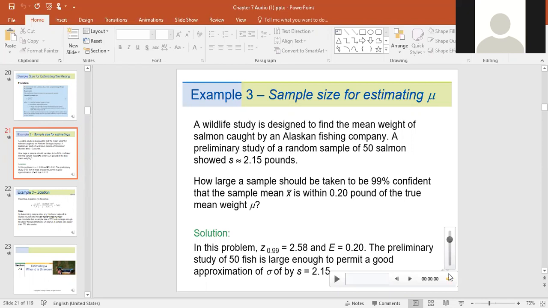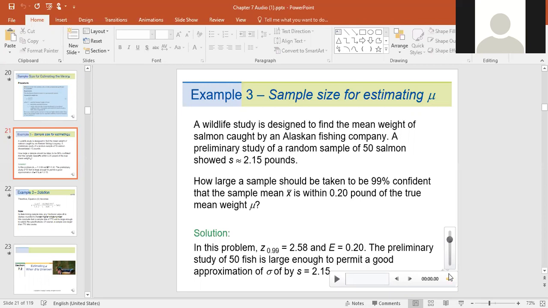If sigma is unknown, we use the T distribution, with degrees of freedom df equals n minus 1.